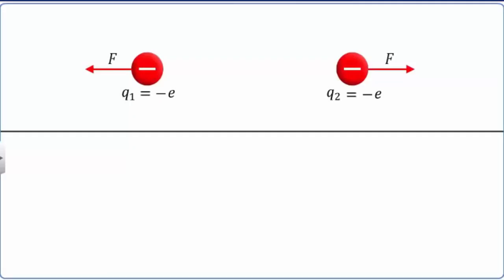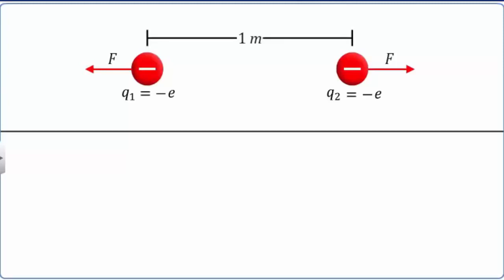Now, let us consider the electrostatic force between two electrons having a charge equal to the basic unit of charge e, which is equal to minus 1.6 into 10 power minus 19 Coulomb, and separated by 1 meter in vacuum.